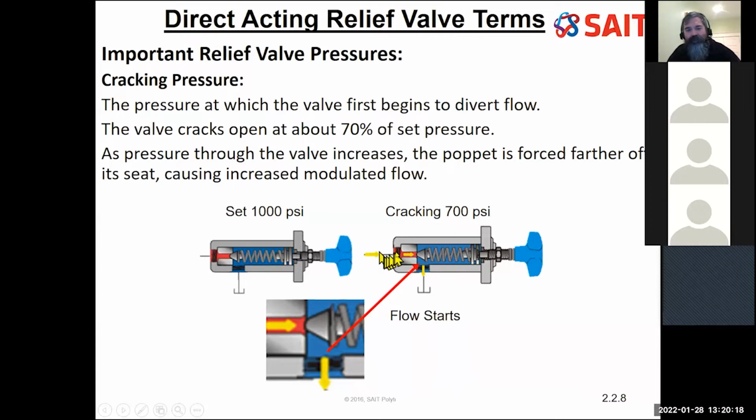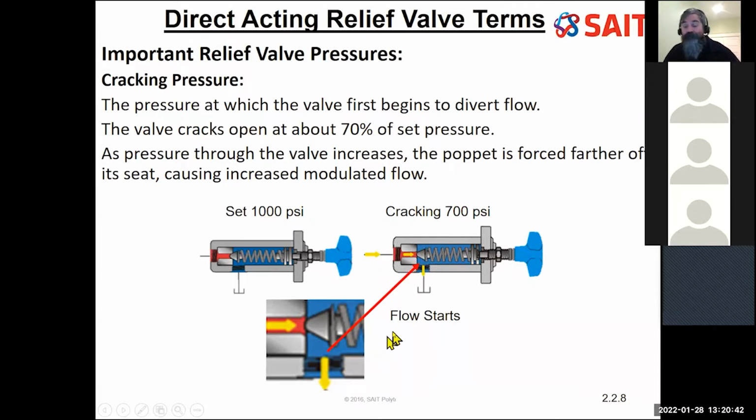As the pressure in the system continues to increase, there's more and more force on this poppet, opening it further and allowing more and more fluid to flow, until finally I reach the maximum setting that I've set, at which it would be fully open, allowing all the fluid to flow through the valve.